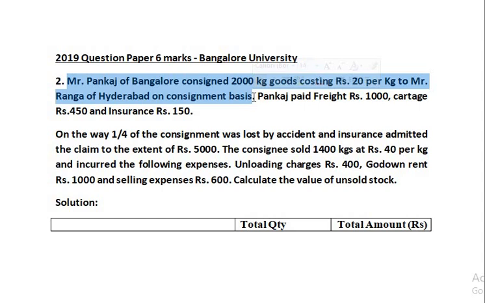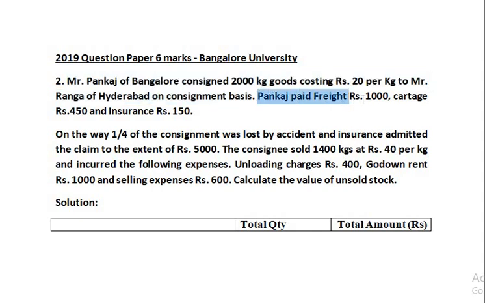Here Mr. Pankaj sends 2000 kg of goods to Mr. Ranga on consignment basis. Mr. Pankaj, sending goods, is considered the consignor, and Mr. Ranga, receiving goods, is considered the consignee, nothing but the agent.